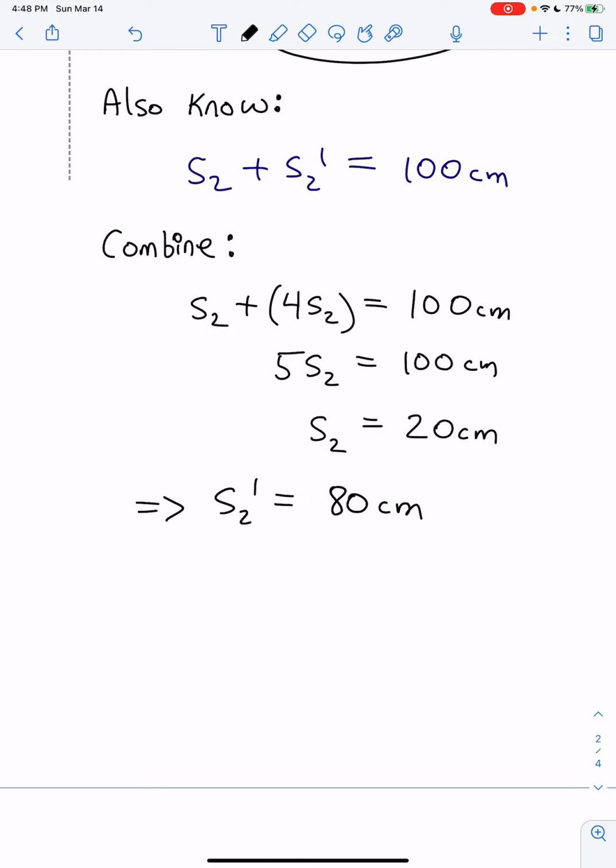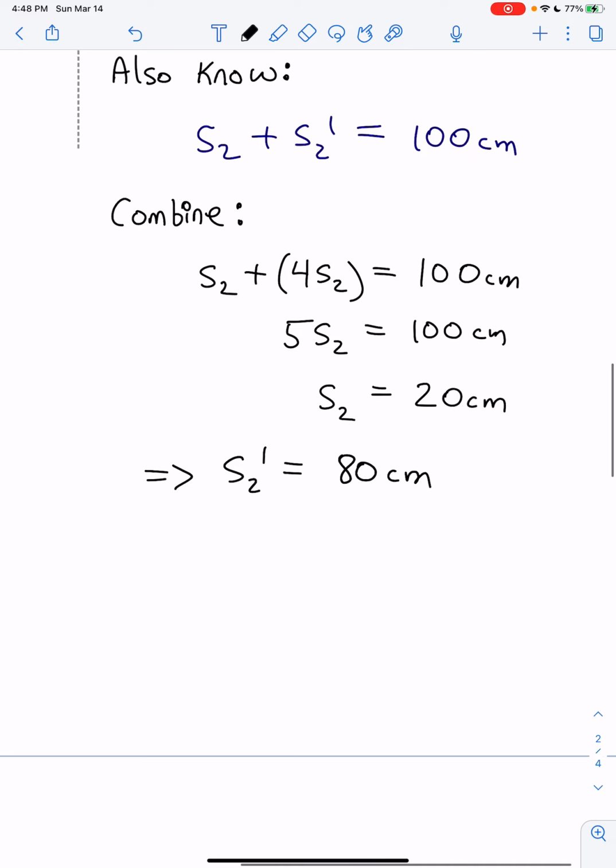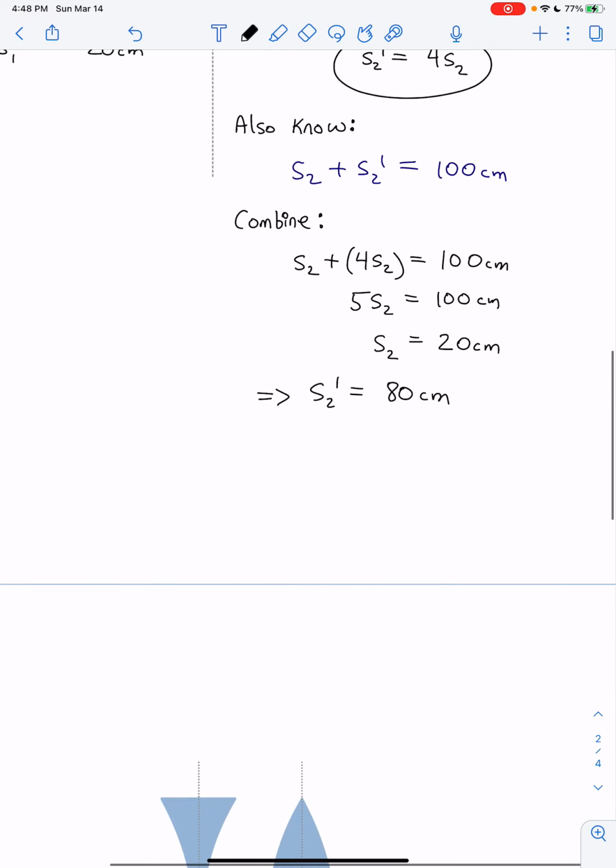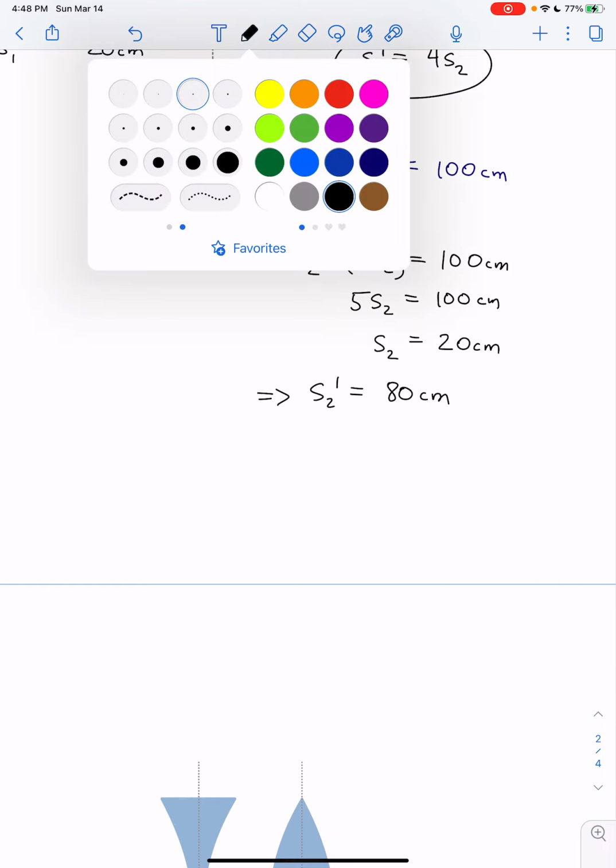All right, so now we know basically everything except for the focal length of that second lens. And so now let's just separate this off, keep it all organized.